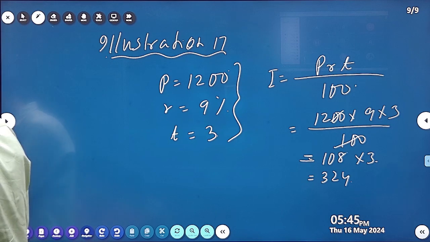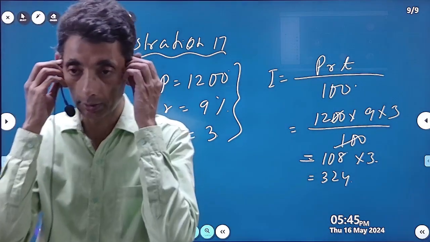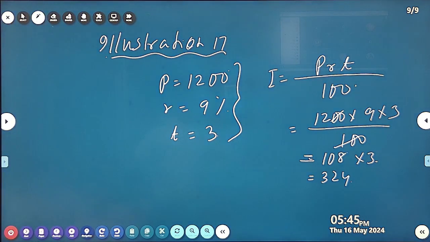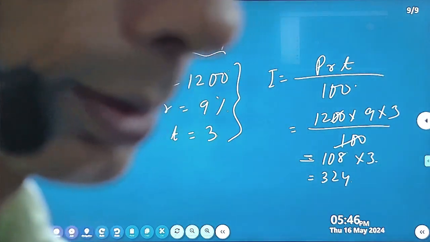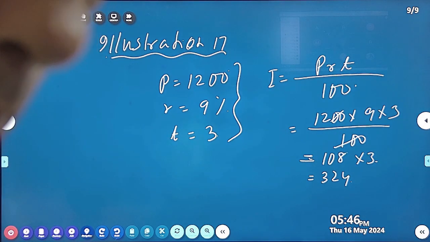Okay, now illustration 19. If you have done 18, do illustration 19. Did you get the answer for that question? Could you solve 17? Done? What's the amount? No, not that.